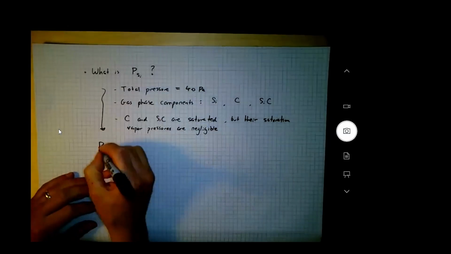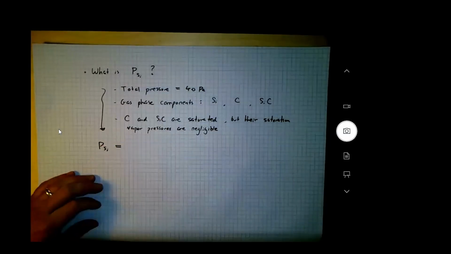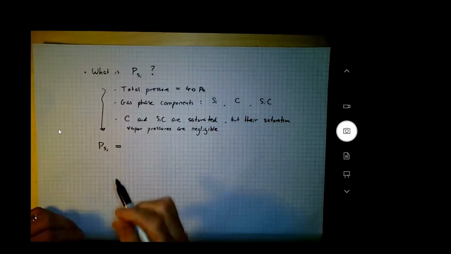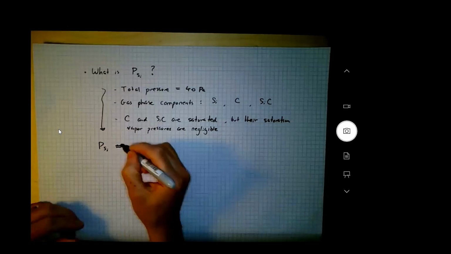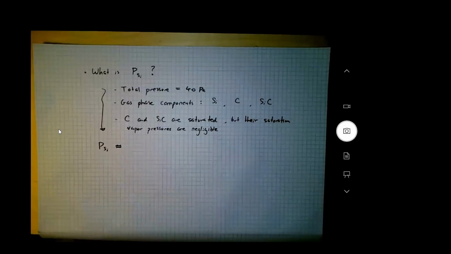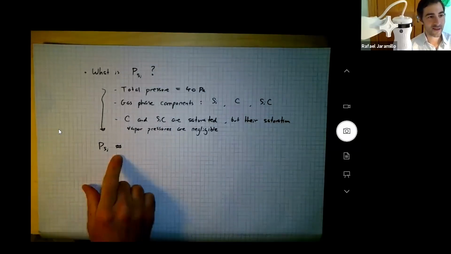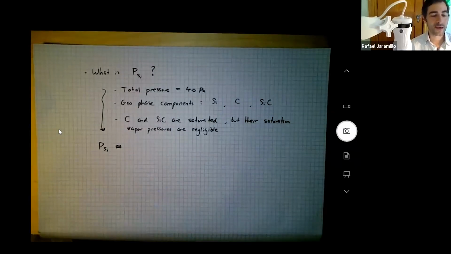Quick question, if that's all right. Yeah, go ahead, please. Earlier, I think we talked about how the carbon wouldn't vaporize nearly as much as the silicon. So would it make sense to ignore it in future calculations, or do we still need to take it into account, even though it's less likely to vaporize? So Sarah, your question is exactly my question, which is this: what is the silicon partial pressure?